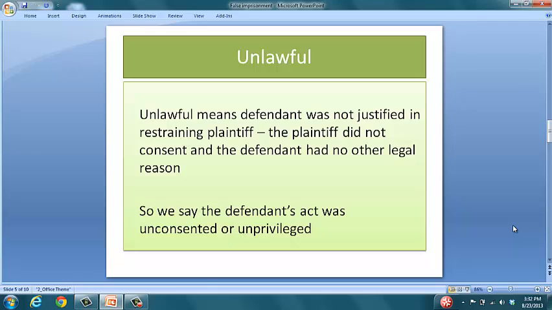You will see in the cases you read that what might constitute consent goes beyond simple verbal agreement. Also, if a person has the authority to restrain the plaintiff, a person such as a prison guard, for example, then plaintiff cannot bring a claim because the guard was privileged to restrain the person.